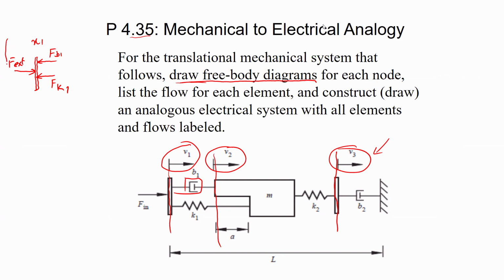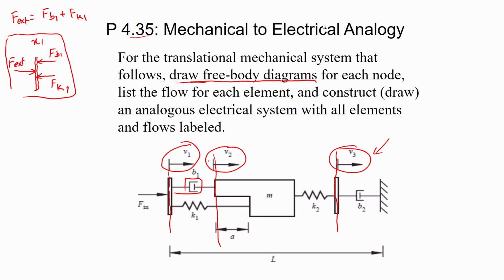So this is a free body diagram for node number 1. So I can write it: F ext is equal to F B1 plus F K1. So far, so good?